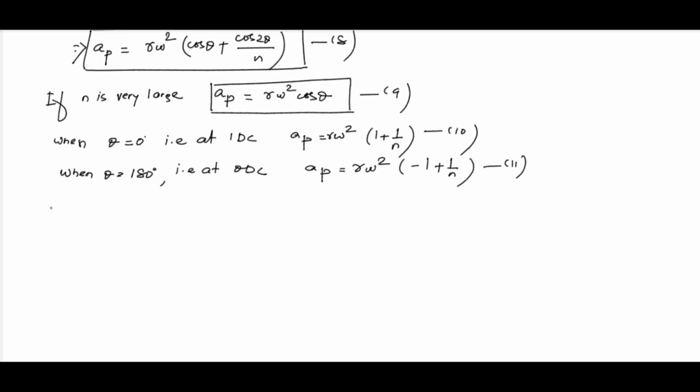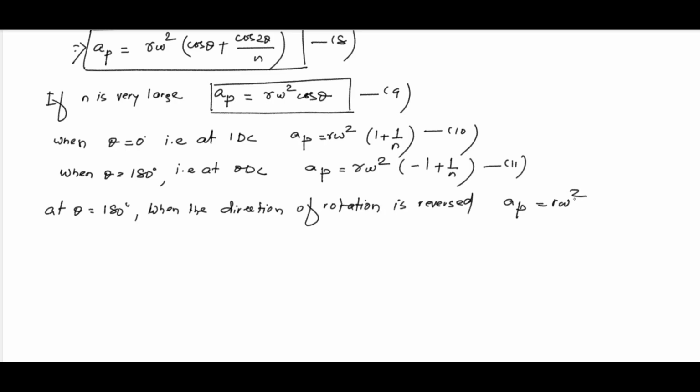And at theta equal to 180 degree, when the direction of rotation is reversed, AP is equal to r omega square (1 minus 1 by n).